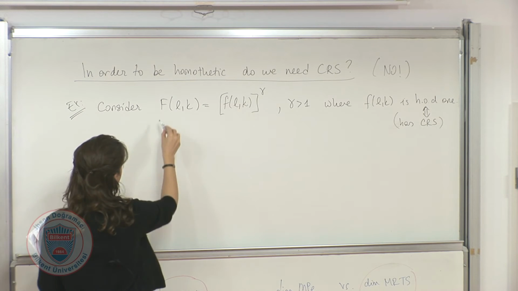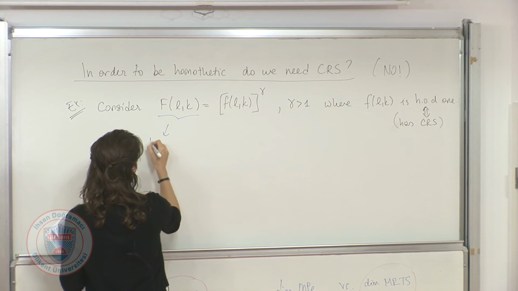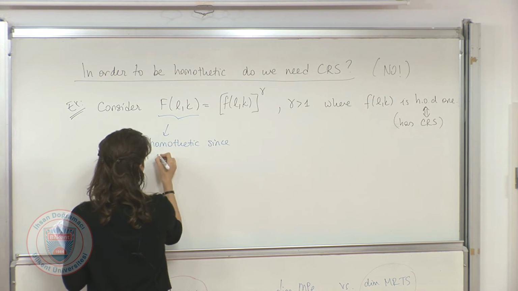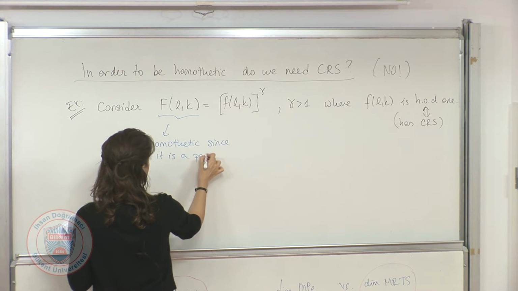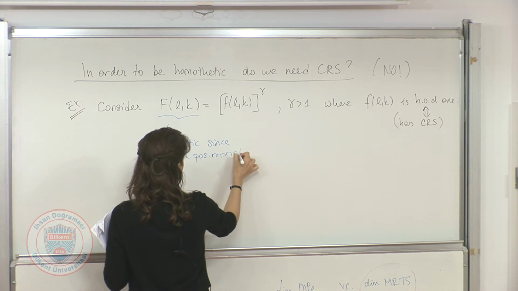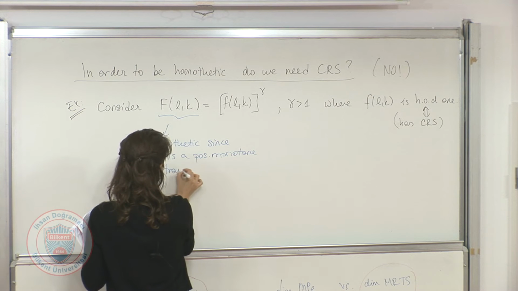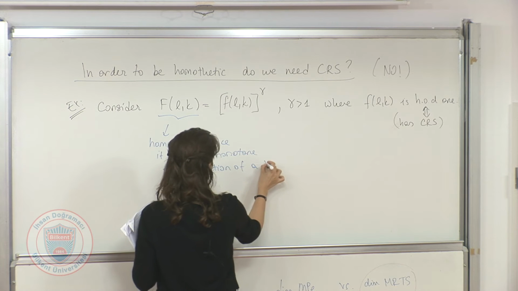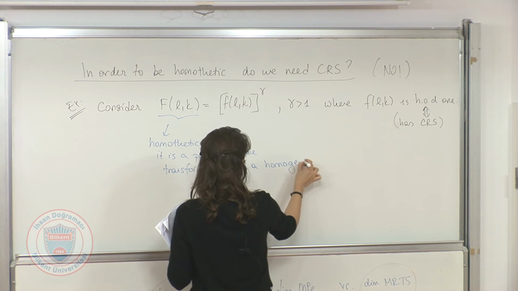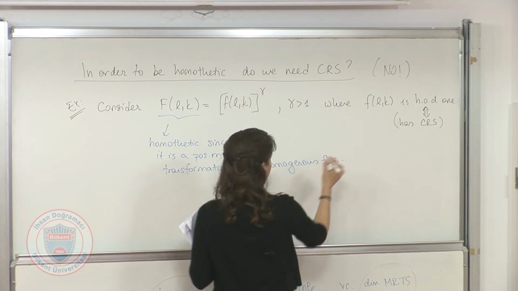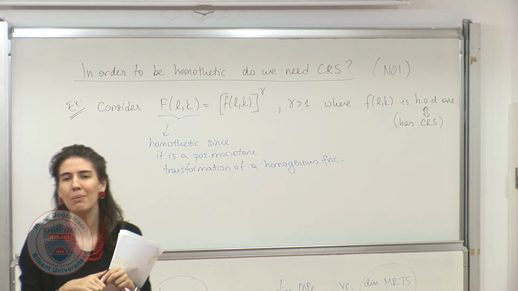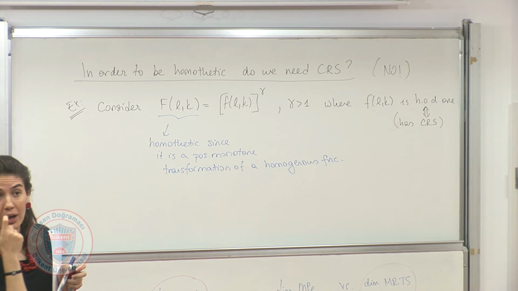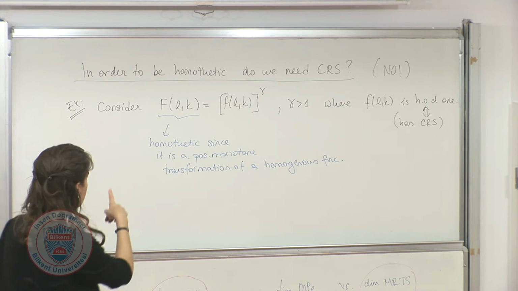So we know this guy is homothetic, since it is a positive monotone transformation of a homogeneous function, okay? So we know that it's homothetic by definition, so don't worry about it. All I want you to show is what this shows.